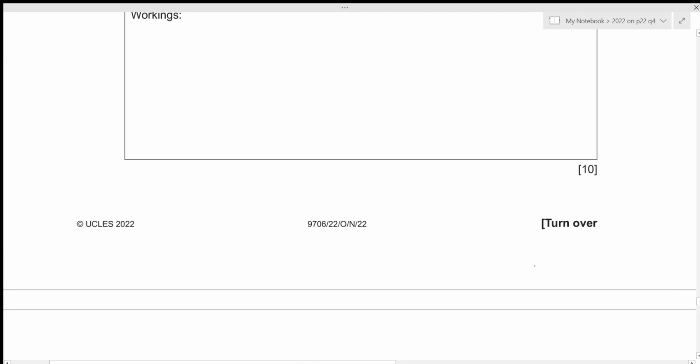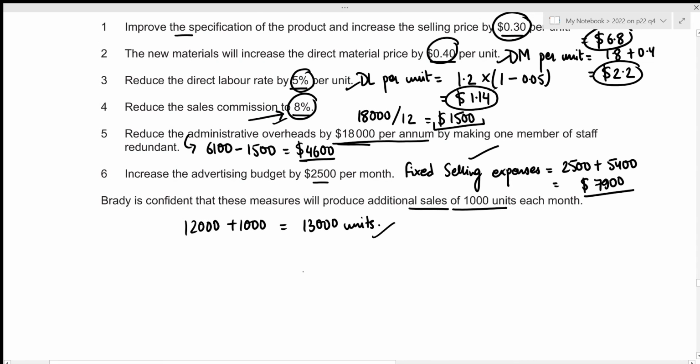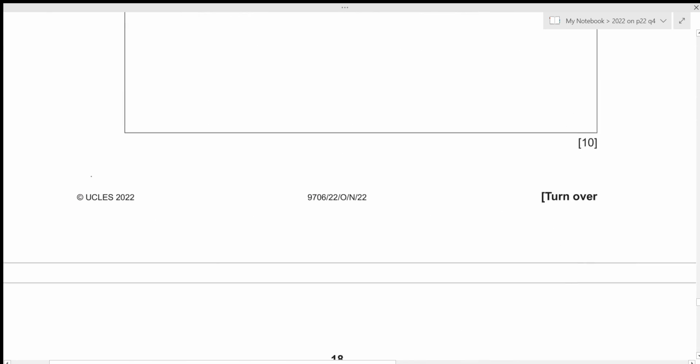Okay, and the next change that we made was we increased the advertising budget by 2,500 per month, right? There is no such guarantee that by increasing the advertising, the increase in sales will be achieved. So we need to write it down as well.